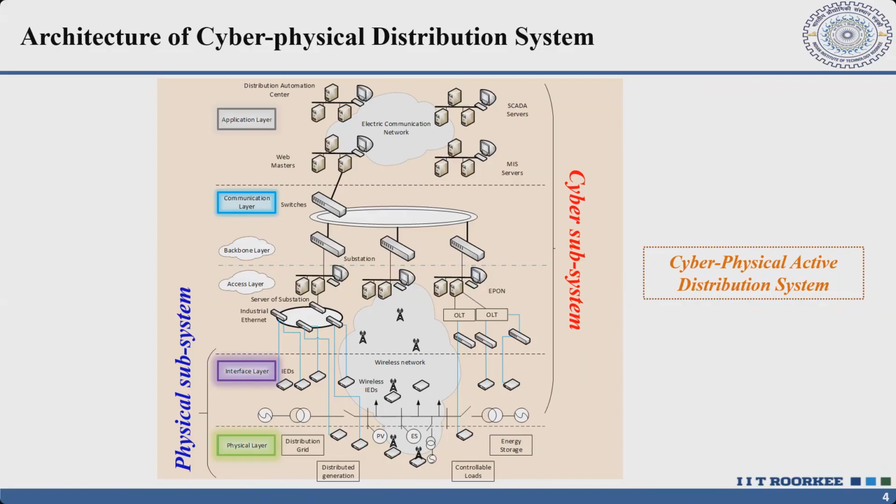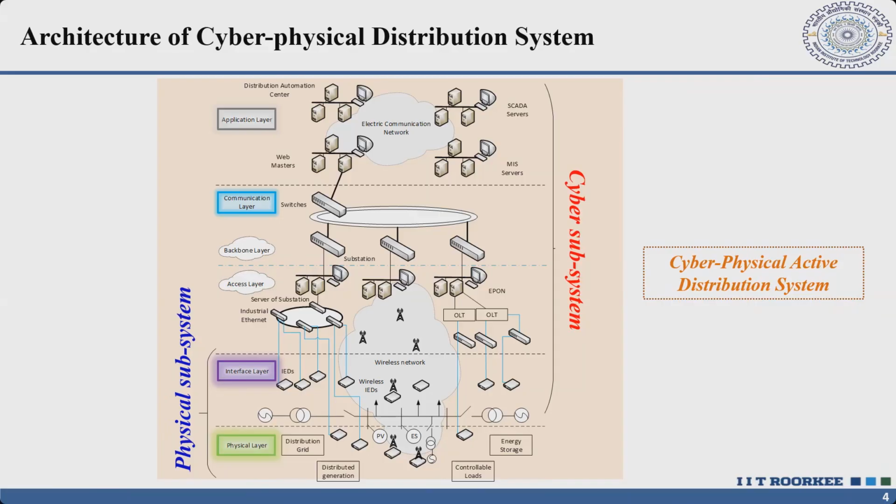After that, the next layer is the interface layer. This is where the IED comes into the picture, and it establishes the connection between itself and the smart devices you have placed in the physical layer.